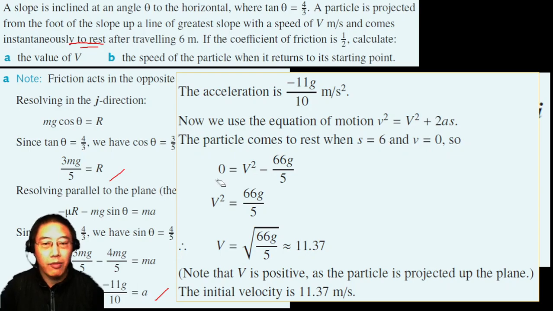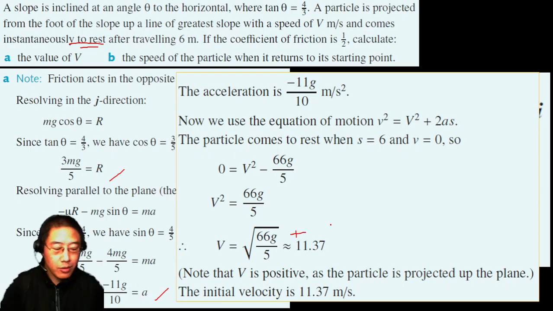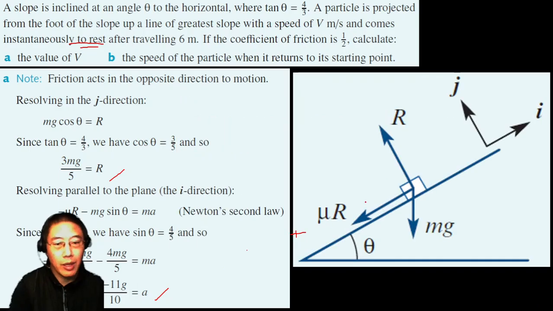We have a quadratic equation. We make v the subject, and we get this amount in meters per second. Again, it's positive, so it is in the right direction. So let me add that, so it's positive. If I go back to the previous diagram, our v will be in the positive direction along the inclined plane.